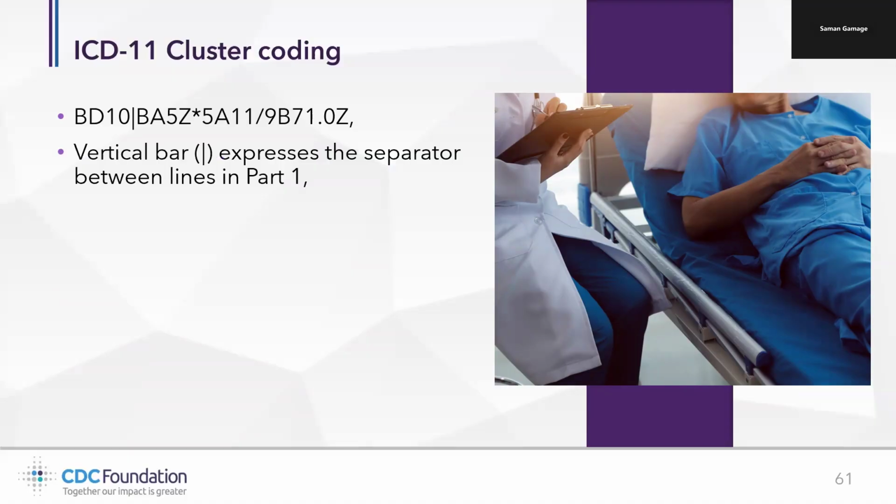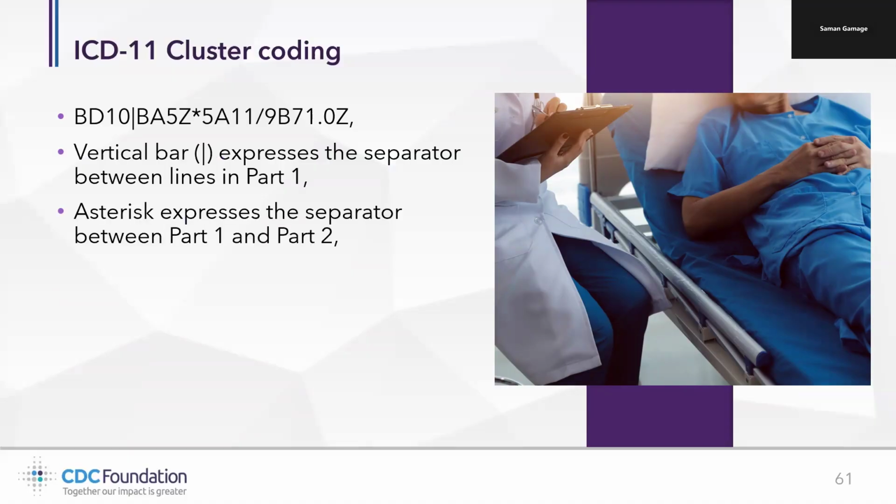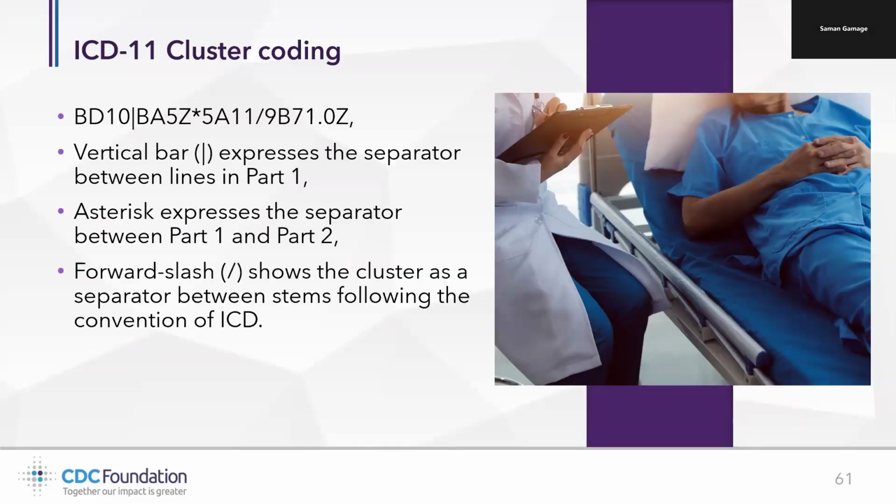So the vertical bar expresses the separator between lines in part 1. Asterisk expresses the separator between part 1 and part 2. / shows the cluster as a separator between stems following the convention of ICD.